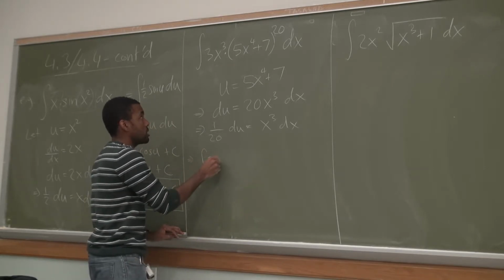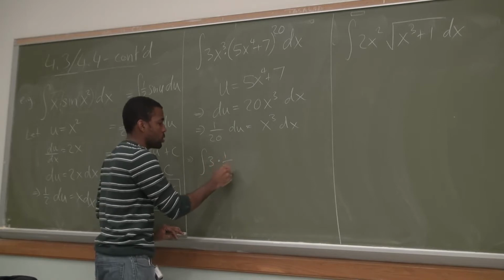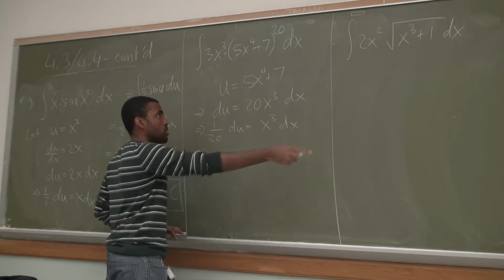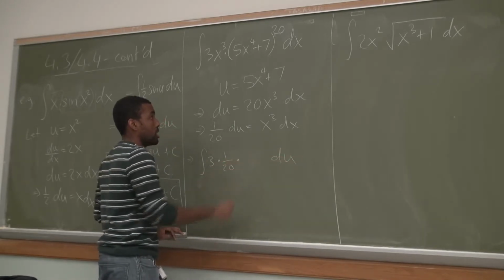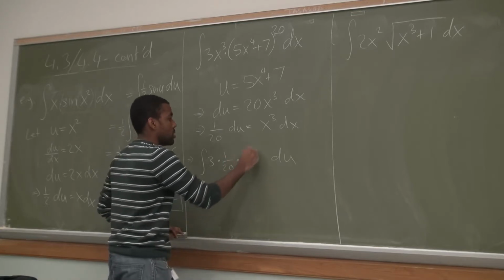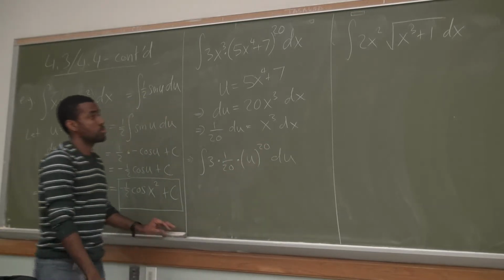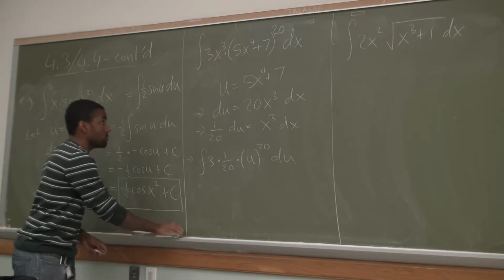So I have 3 times, I put 1 over 20 du. The d's always go to the back, times u to the 20.